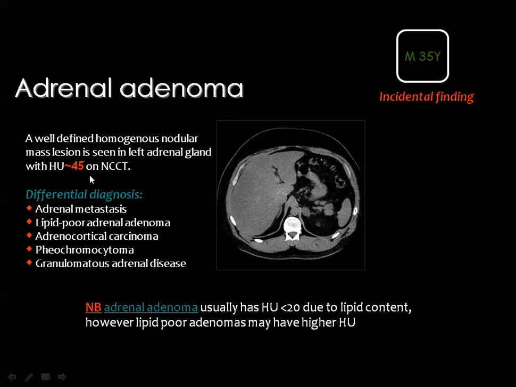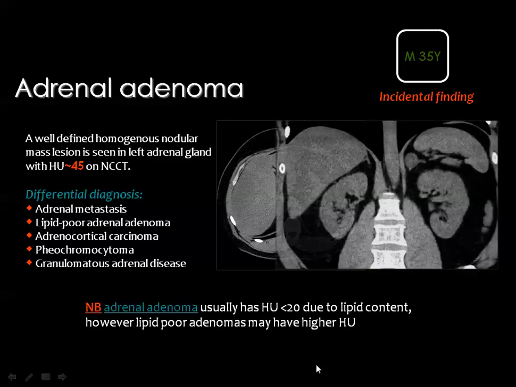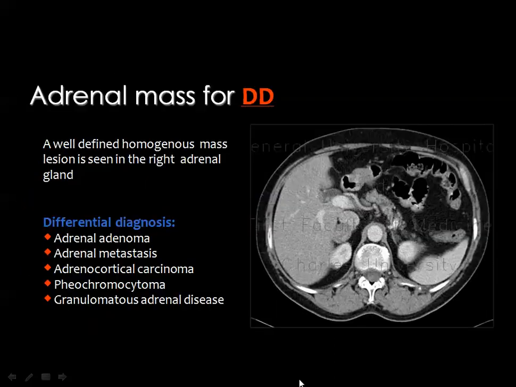Then here is a lesion in the left suprarenal gland with a pre-contrast density around 45 Hounsfield unit, meaning that it is not by any means a lipid-rich adenoma. Then you go in the differential diagnosis. It may be lipid poor, it may be adrenal metastasis if there is a non-primary malignancy, or adrenocortical carcinoma, or pheochromocytoma if the clinical picture can fit with this diagnosis.